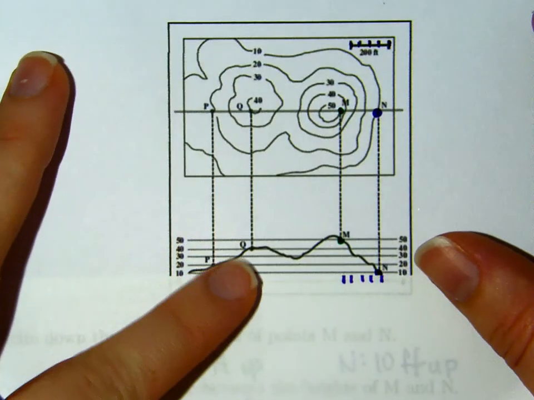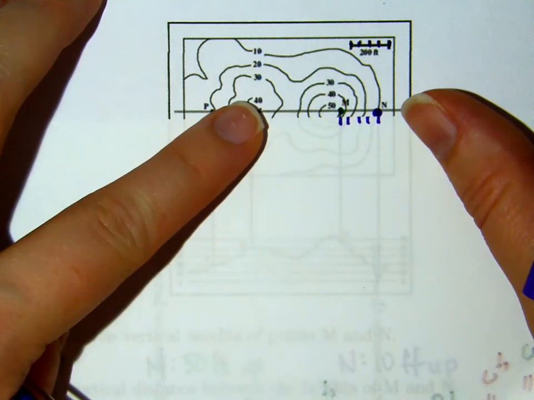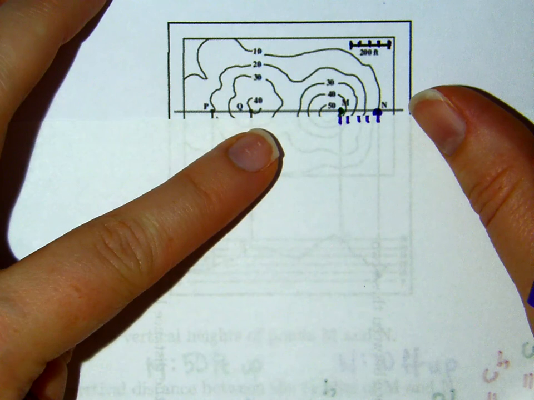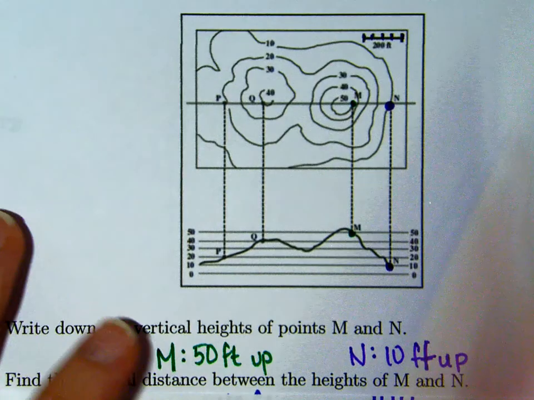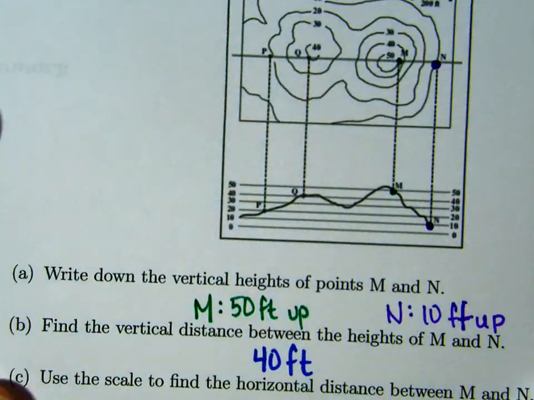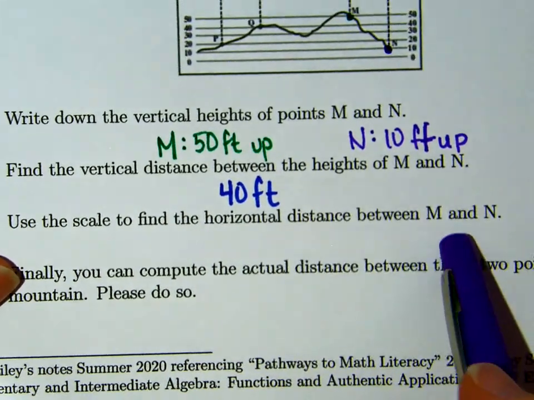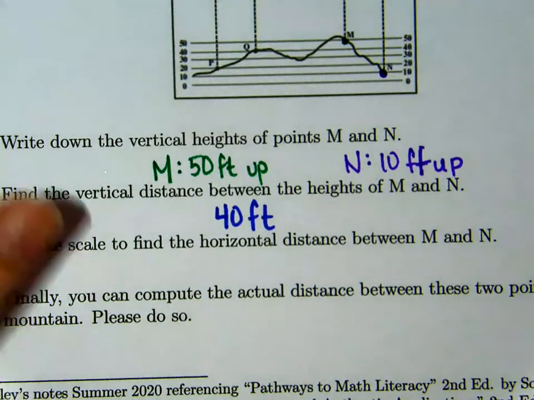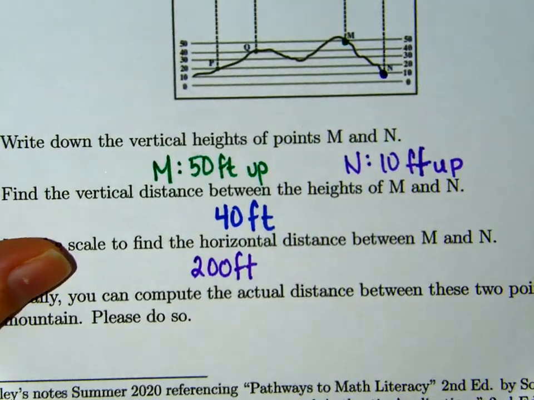I can do it right here. 200 feet is the distance between these. That's the horizontal distance. So the horizontal distance between M and N, we just measured that. That was actually 200 feet.